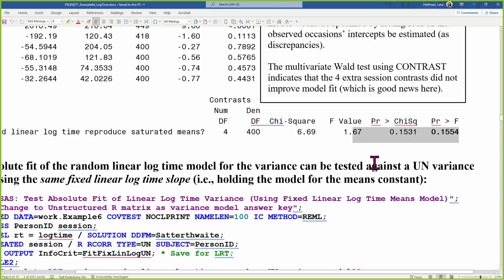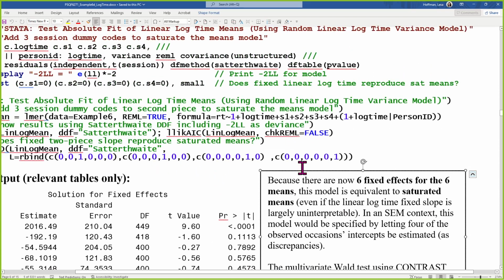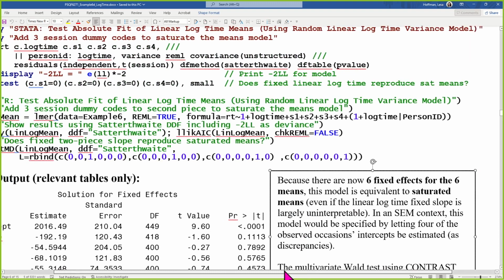Yeah. So yay, and also as written right above it, the idea is that if our model did a good enough job recreating the 6 means, then these extra 4 dummy codes shouldn't have anything to do. And they don't. That means it's good enough. So we're halfway there.